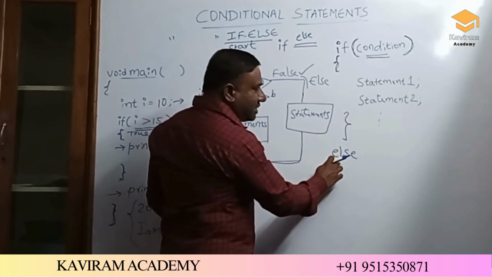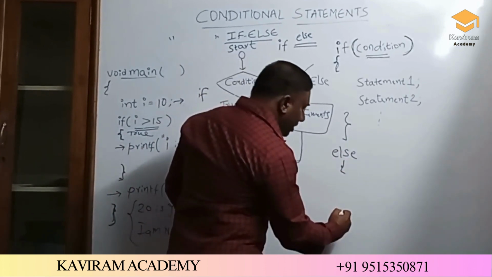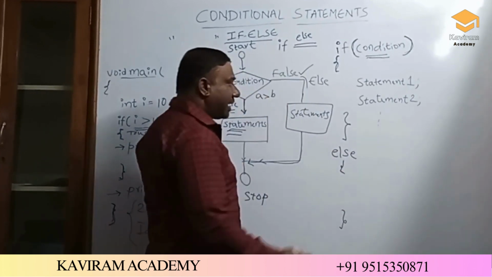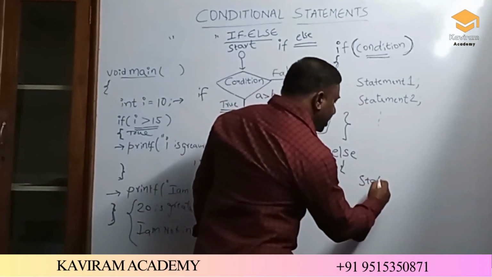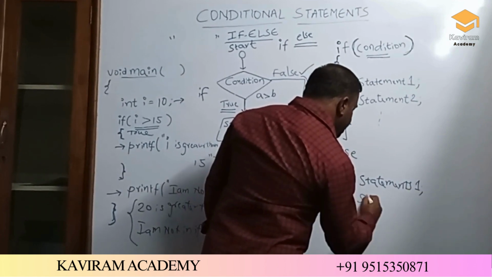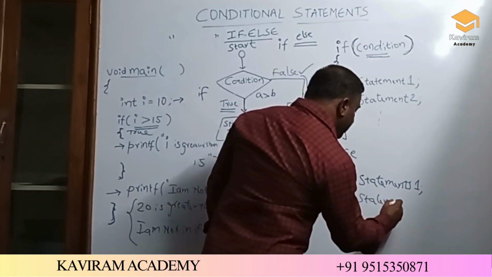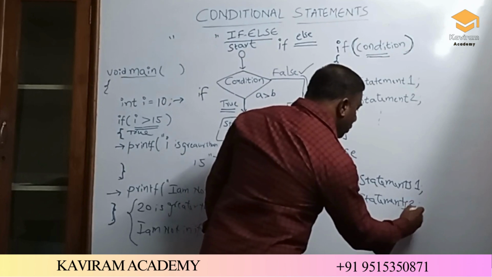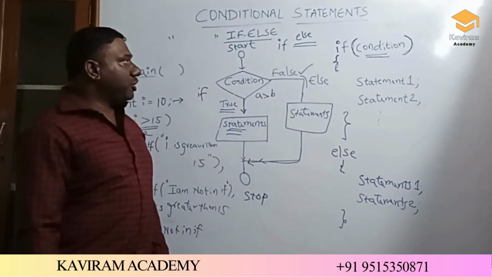Then we need to write this else, and here also we write a flower bracket, and inside it the statements: statement 1, statement 2. The number of statements depends upon the requirement.